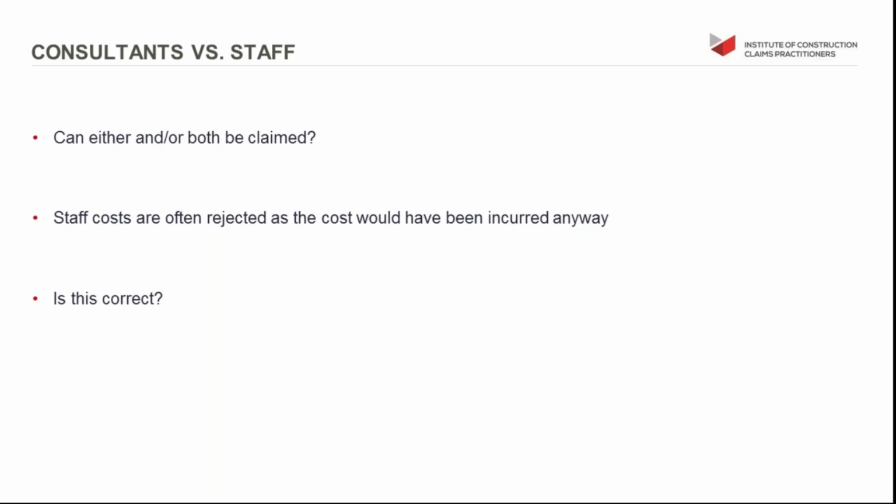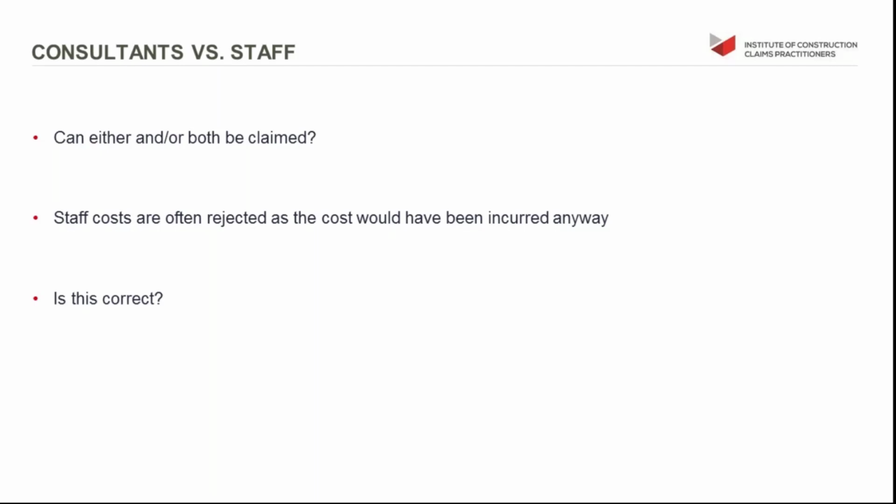I've submitted lots of claims where the contract administrator, having initially ruled out recovery of any costs because it's claim preparation, will then give me a further reason and say, well, hey, anyway, you haven't incurred any extra costs. These are your people, they're your staff. You would have incurred that cost anyway.